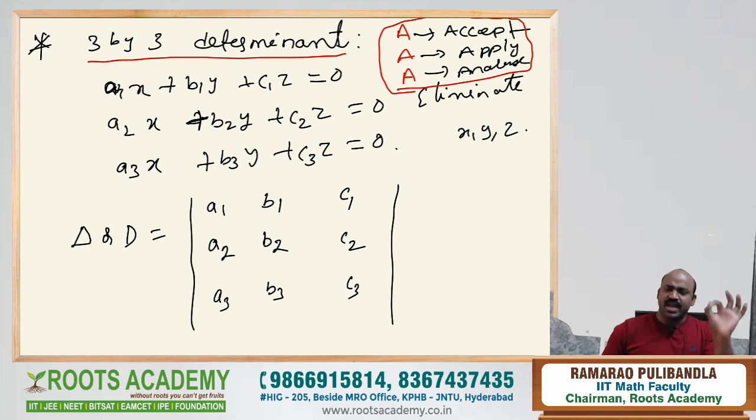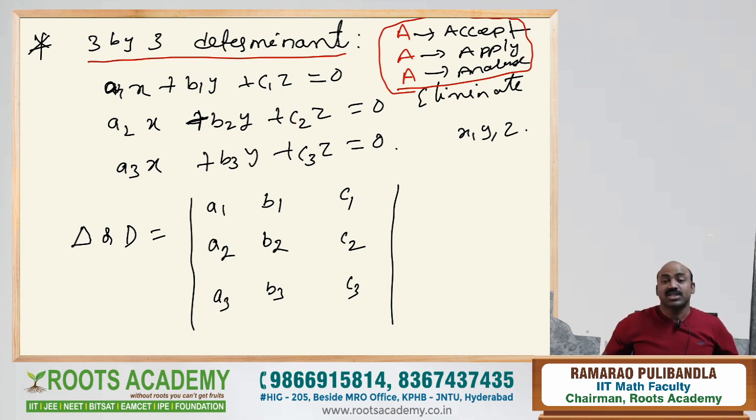This is the key. This is the success mantra of all the top rankers. Accept, apply, analyze. Don't change the order. Accept, apply, analyze. So today you just go to your parents, dad and mom, and say, I can do inter first year, second year questions because today I learned one success mantra.